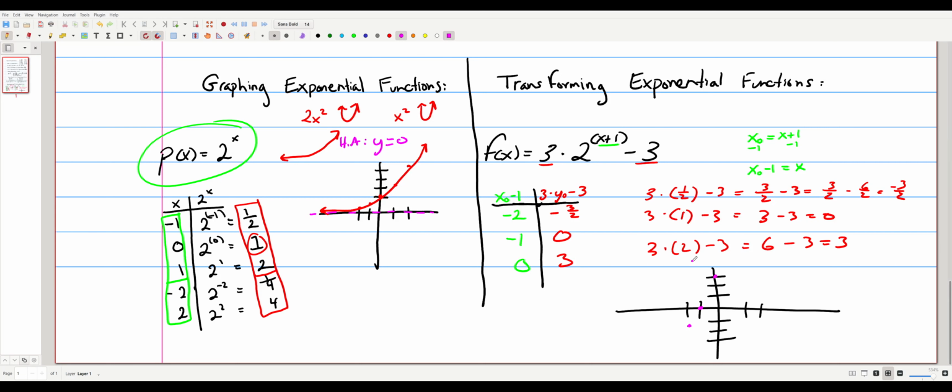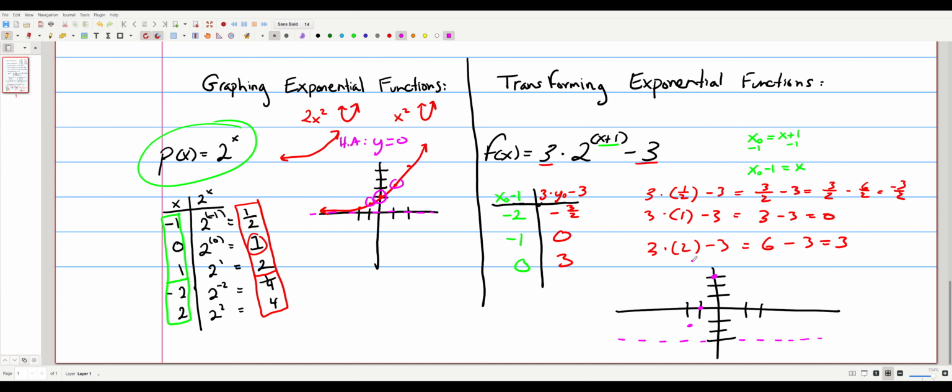But for our transformed function, it's been moved down 3 units. So our horizontal asymptote here is going to be at -3. And so these are the 3 magenta points that we've plotted here after being transformed.